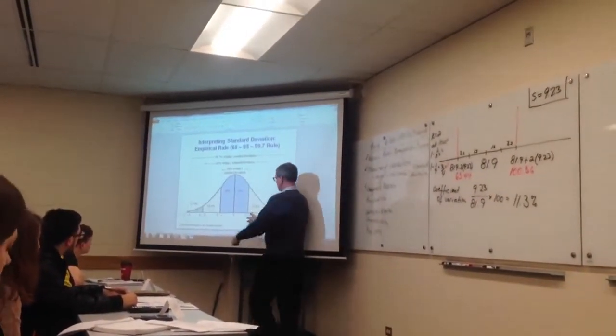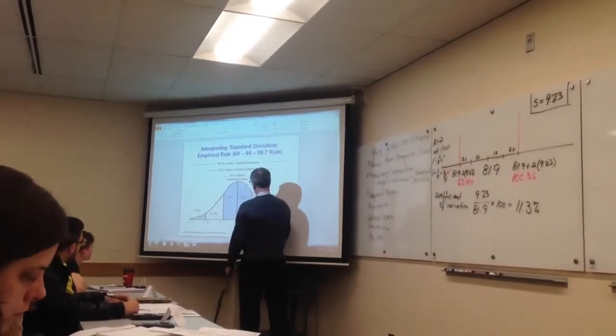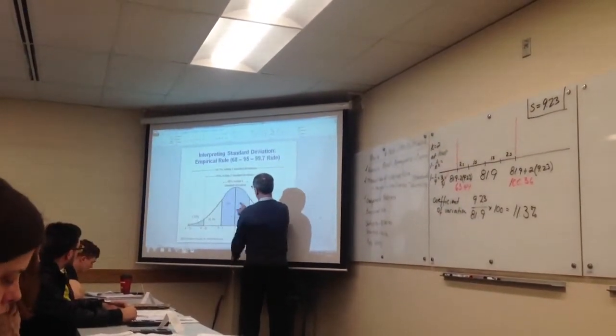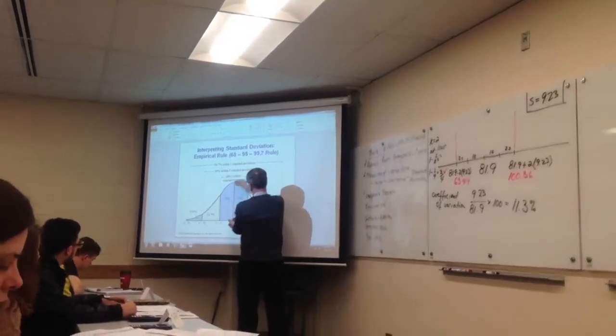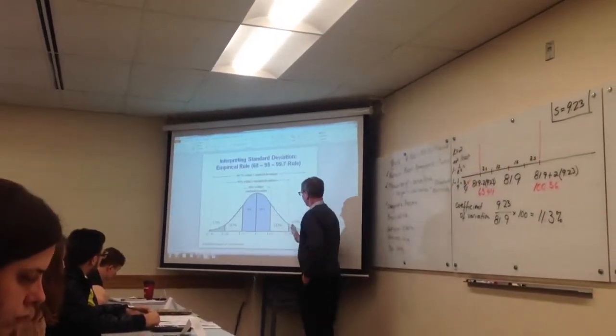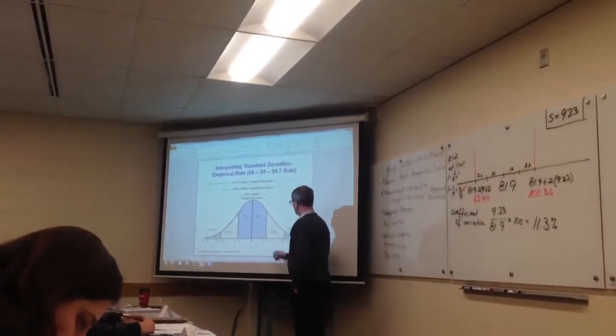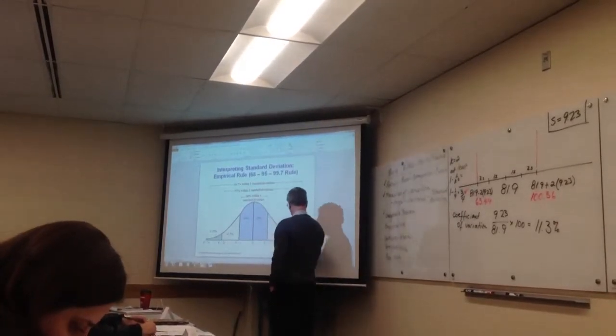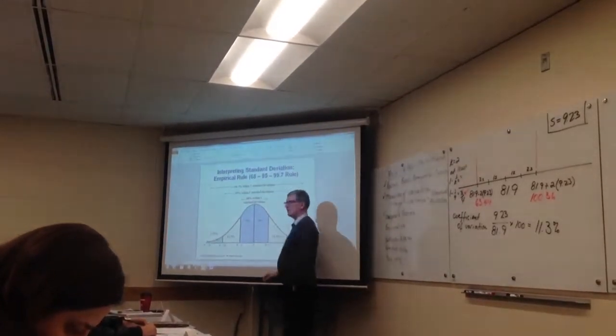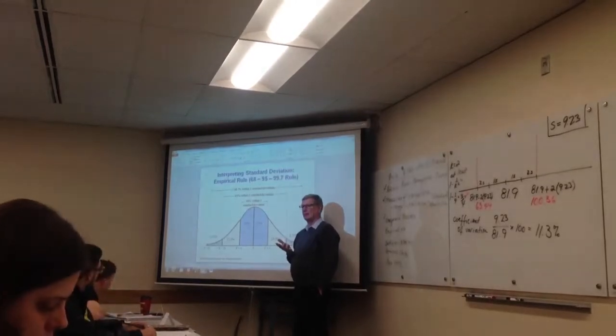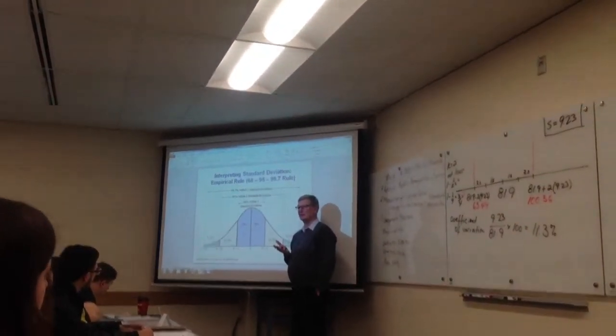In that range you're going to find a total of 68% of your data, 34 and 34, because presume everything is symmetric. Now, if I go out 2 to the left and 2 to the right, the empirical rule says I'll find 95% of my data.